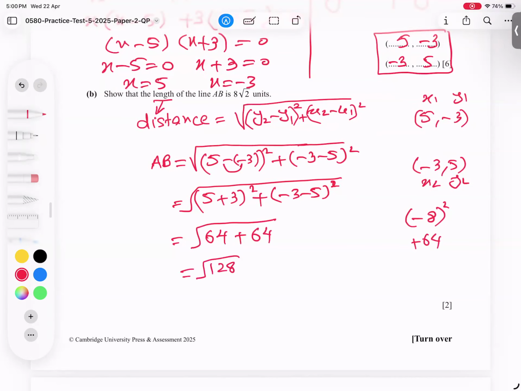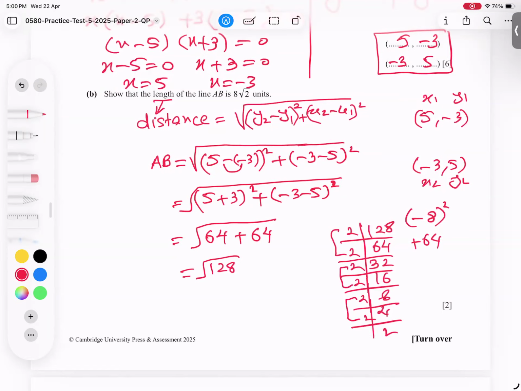Now the problem is coming in the root form. If you don't know what to do, the best way is this. 2 sixes are 12, 2 fours are 8, 2 threes are 6, 2 twos are 4: 128 divides by 2 to give 64, 32, 16, 8, 4, and 2. How many 2s? One pair, second pair, third pair. It means we have 3 pairs. So 2 square into 2 square into 2 square and into 2 alone.